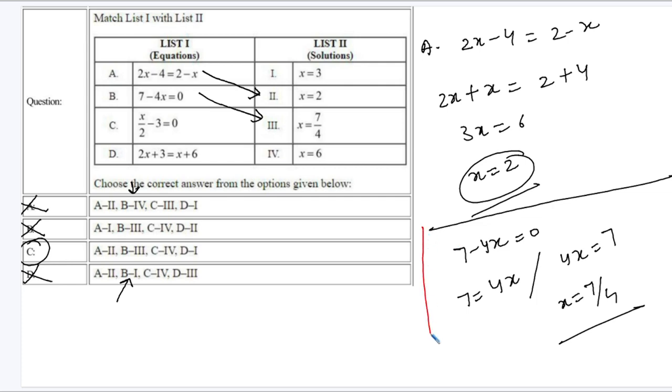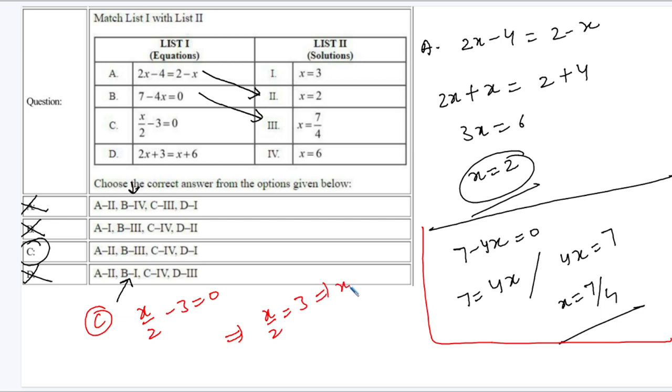Otherwise, I can just quickly solve all the equations. See, x over 2 minus 3 equal to 0. Now, I can take this 3 on the other side, which will give you x by 2 equal to 3. Now, you can multiply both sides by 2, which will give you x is equal to 6. This 2 will be removed. 2 is in the denominator.